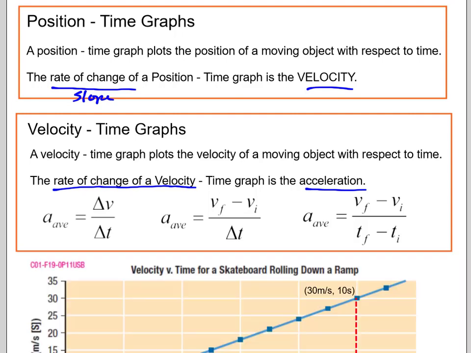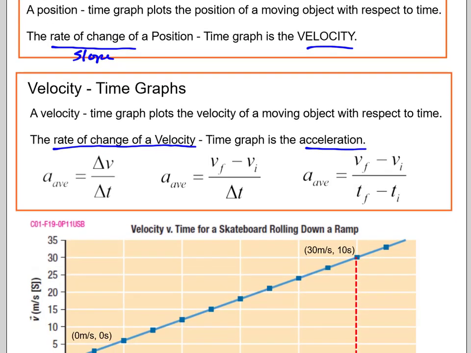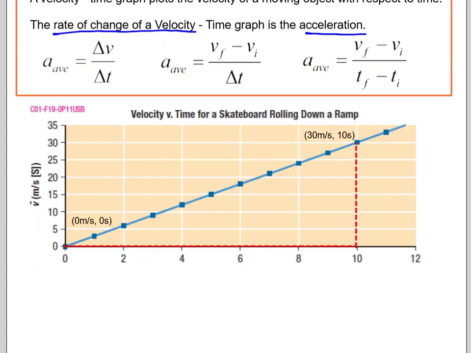That's all they are. So if we have this example down below, notice this is a velocity time graph. I have the red triangle marked out to calculate the slope. We have a run of 10 seconds, and a rise going from 0 up to 30, a rise of 30 meters per second.